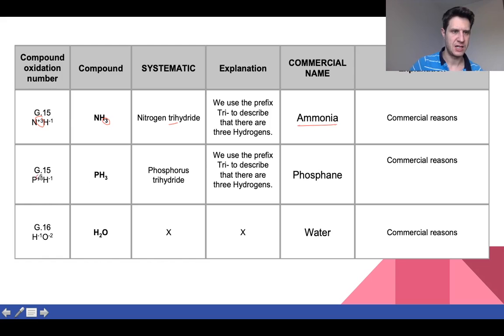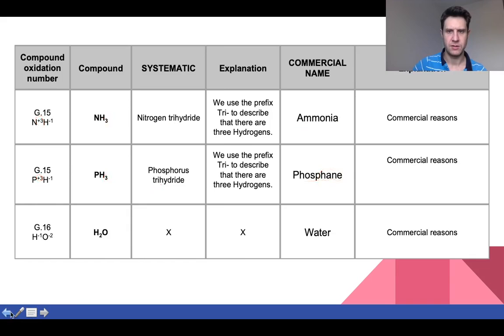Phosphorus, the same. Okay, with oxidation number 3, so we write 3 close to the hydrogen here. Okay, it is the same as the previous example. Phosphorus 3 hydrate, very simple. Phosphorus 3 hydrate, nitrogen 3 hydrate. How do we call it? Phosphane. Okay, phosphane.